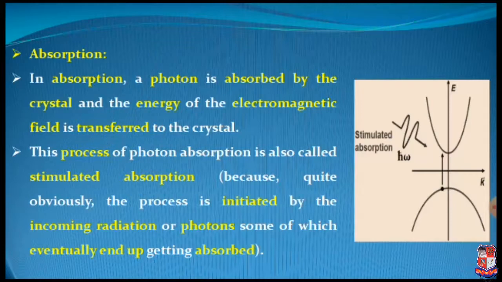Now, is it possible for an electron to travel from valence to conduction band without any external energy? No. Thus, this process was purely initiated by the incoming radiation, or photons, some of which eventually end up getting absorbed, as clearly depicted in the figure, where the photon of energy h cut omega is absorbed.